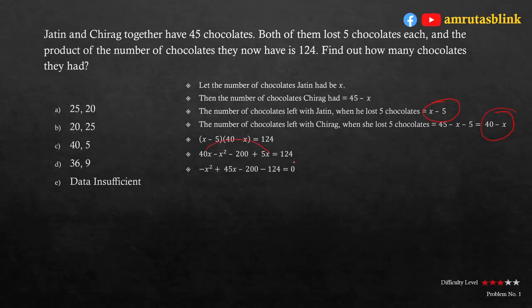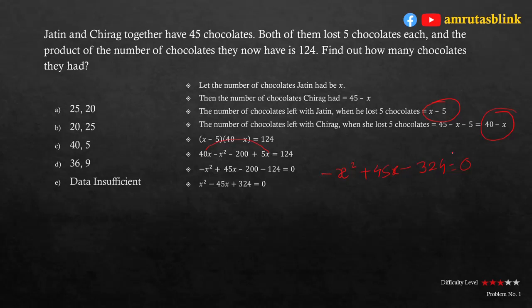So minus 200 minus 124 is equal to 0. So we will have minus X square plus 45X minus 324 is equal to 0. Now if we multiply the complete equation by minus 1, we will get X square minus 45X plus 324 is equal to 0. So we need to solve this equation.